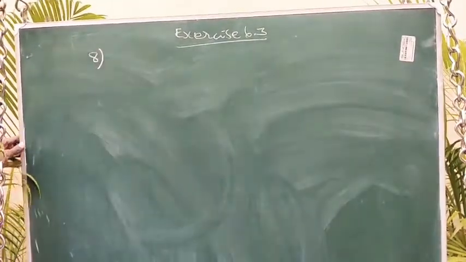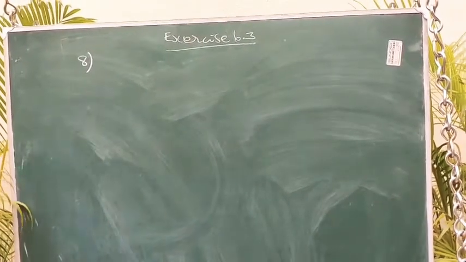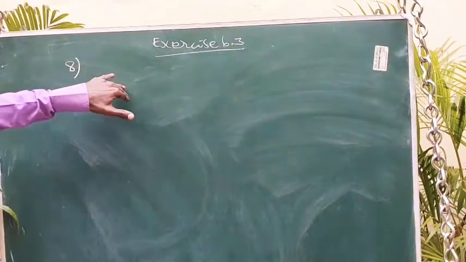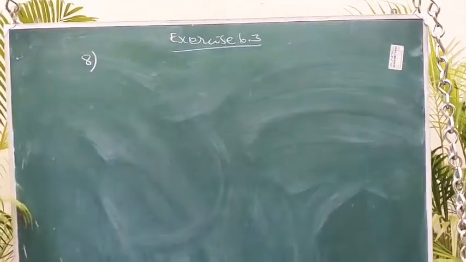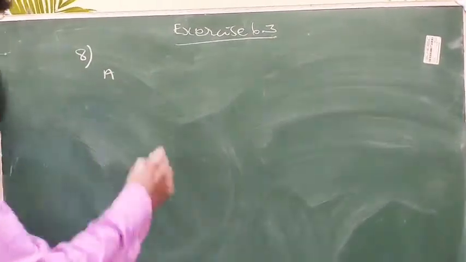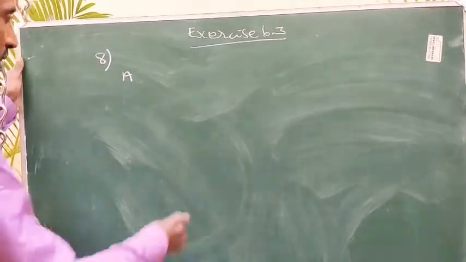Question number 8 in exercise 6.3. It is similar to the previous problem. In the previous problem it was parallel; here it is perpendicular, and that is the only difference. The given straight line is 3x plus 4y minus 6 equal to 0.